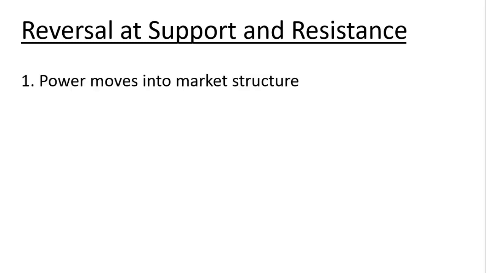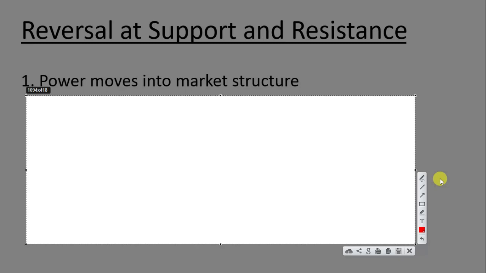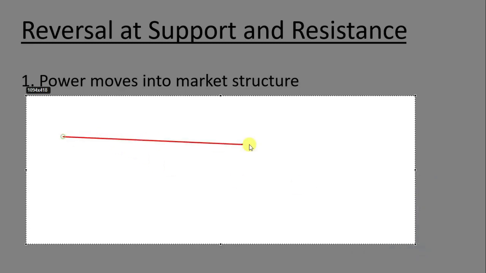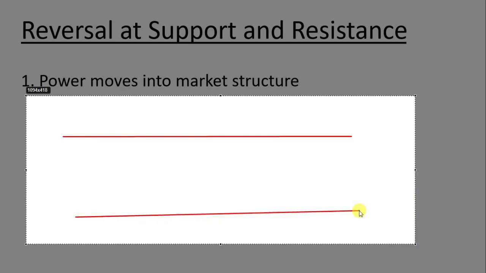Okay, number one, power moves into the market structure. What does it mean by power moves? Okay, it means that strong momentum hits the support or resistance level without any correction. So let me draw something here, like this is a resistance level and here is a support level.